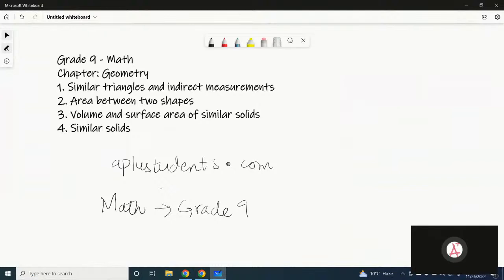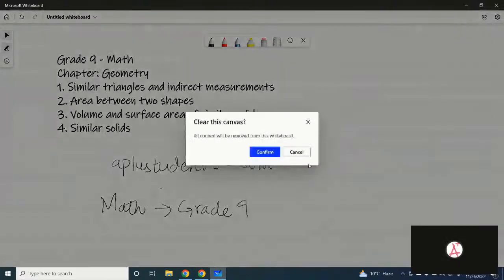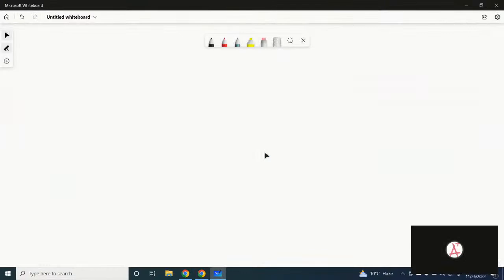Okay, let's just start with the first lesson, that is similar triangles and indirect measurements. Let me write down the lesson name, then we'll start. Similar triangles and indirect measurements.